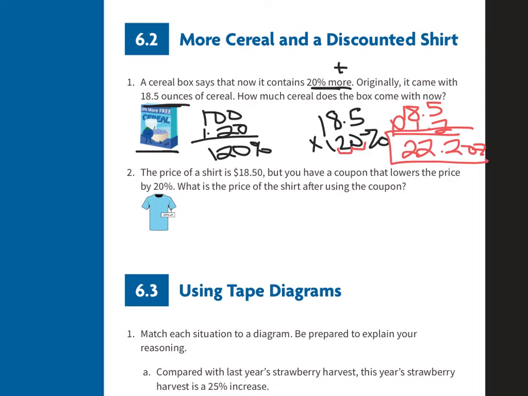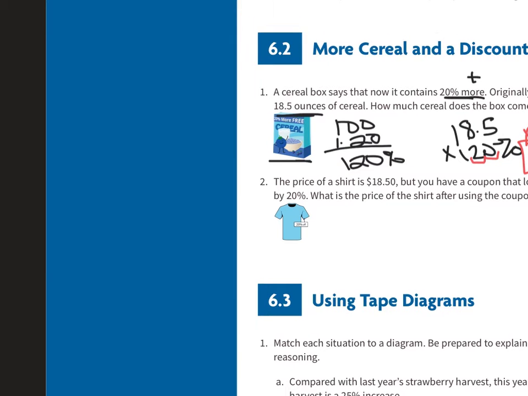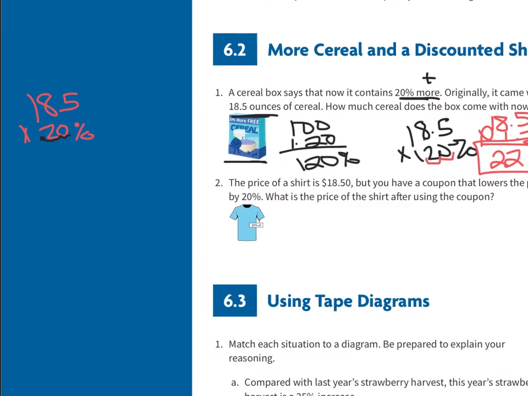Okay. Another way you could have done this is we just find 20% of 18.5, so we'd go 18.5 times 20%. If you have the calculator at school, you can just times it by 20%. If you don't have the calculator at school, you can move the decimal over twice. So it's really 18.5 times 0.2, and I get 3.7.